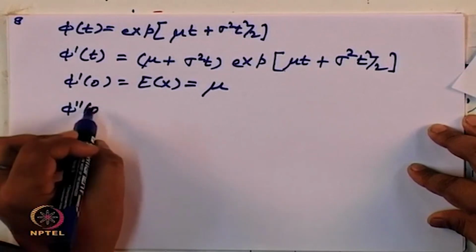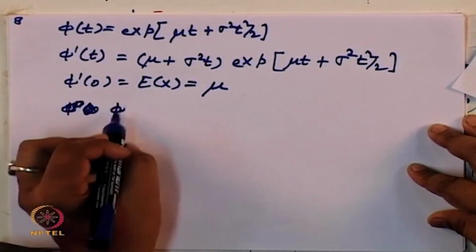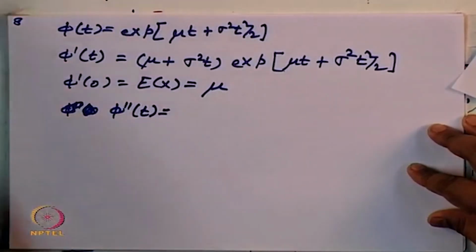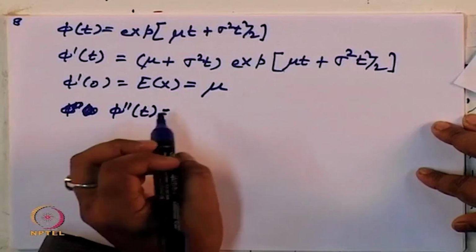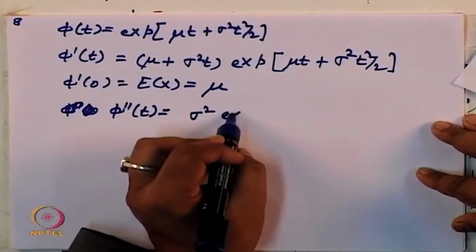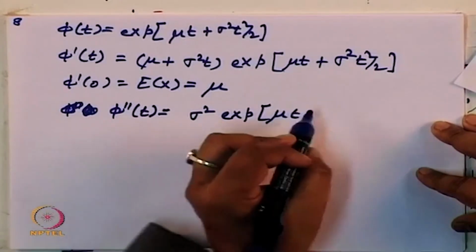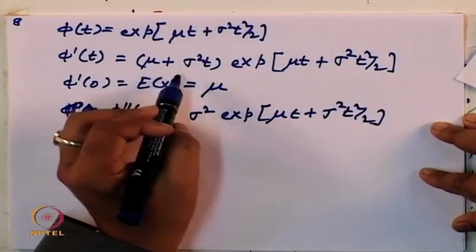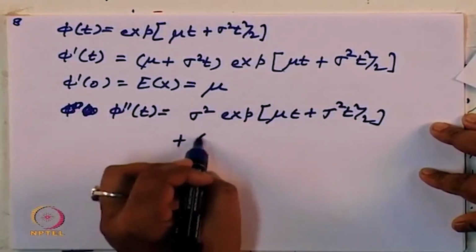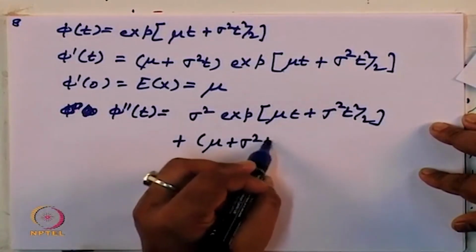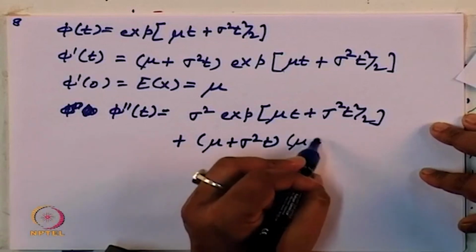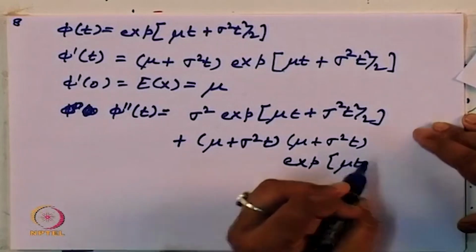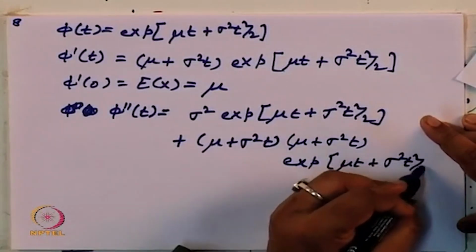Phi double prime of 0. First, let us find phi double prime of t, which is sigma square exponential of mu t plus sigma square t square by 2. Basically I have taken a derivative of this term, keeping this as constant, plus mu plus sigma square t into exponential of mu t plus sigma square t square by 2.